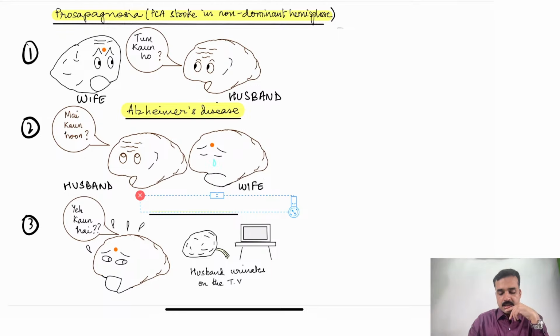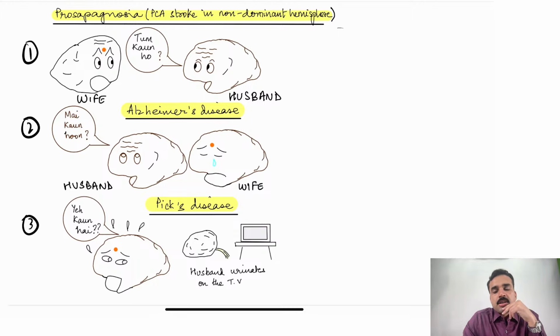Behavioral variant frontotemporal dementia is where the behaviors change, and that's because it affects the frontal lobe, either the orbitofrontal cortex or the dorsolateral frontal lobe. This is about Pick's disease, which is frontotemporal dementia. Frontotemporal dementia was earlier known as Pick's disease, but now they're not synonymous. The better answer is frontotemporal dementia.